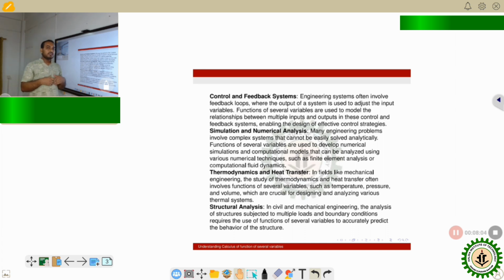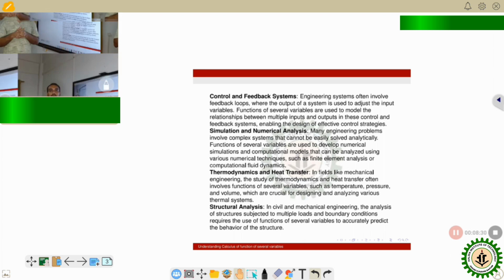The optimization of any business means that you are going to manufacture some product. That depends on the raw material, on the location of the factory, and on the market. So the output of this business is basically to earn profit, to maximize the profit of the business. So functions of several variables can be treated in such conditions to optimize the profit.